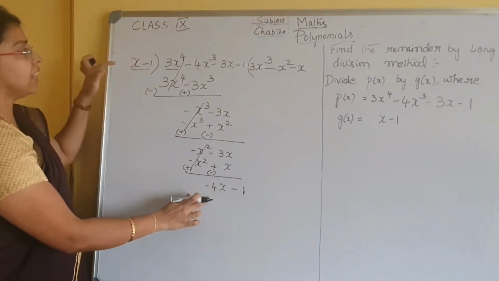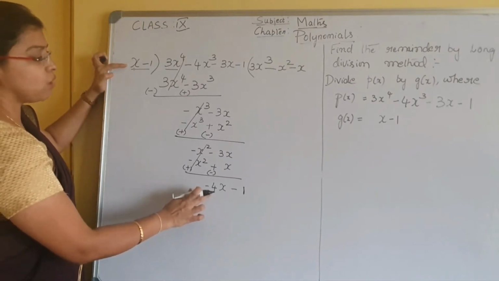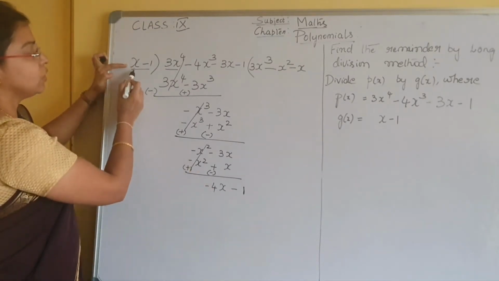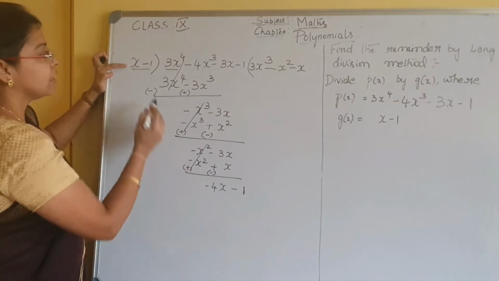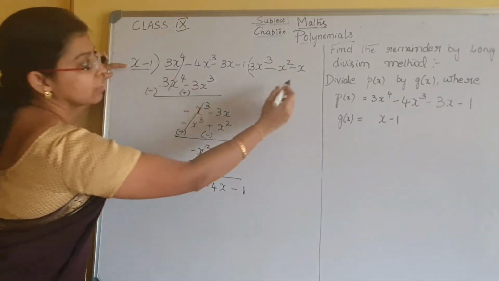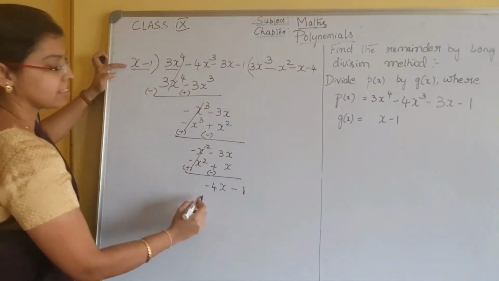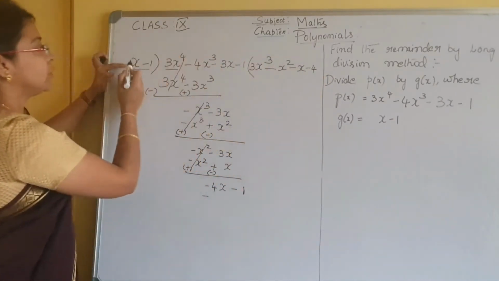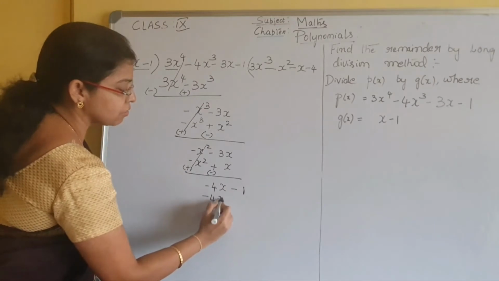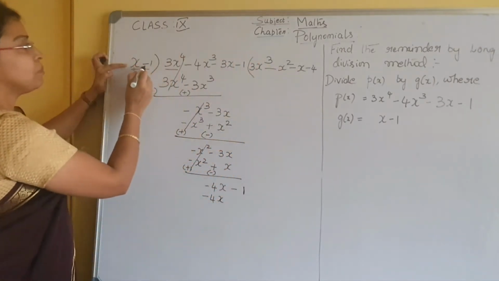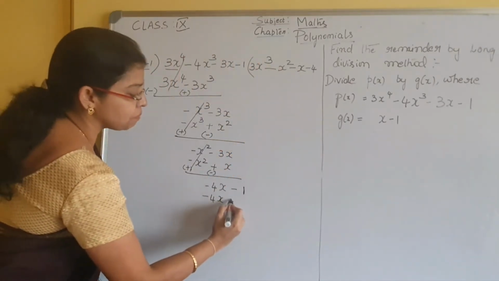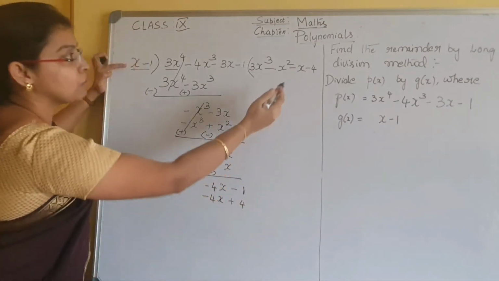So here again the process continues. With what will you multiply to get minus 4x? If you just take minus 4, we will get minus 4x. Minus 4 into x gives you minus 4x, and minus 4 into minus 1 gives you plus 4.